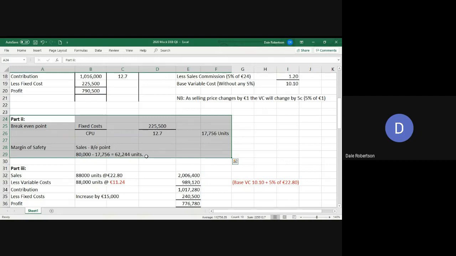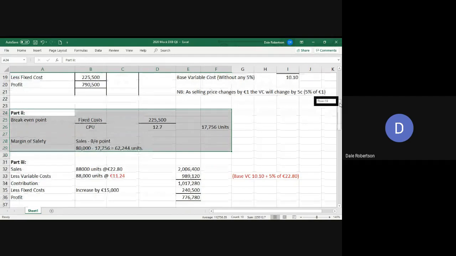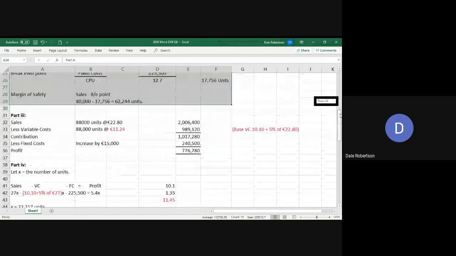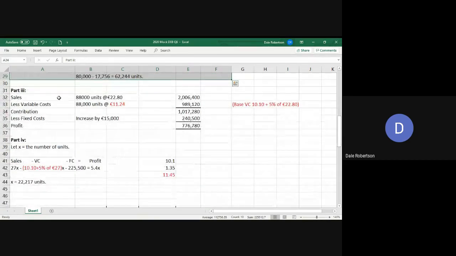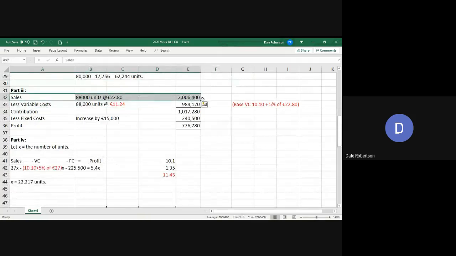Straightforward, part 2 here. Part 3 of the question says, calculate the company's profit in 2020 if it made a number of changes in its makeup. So let's look at this. It says that the sales are going to be as follows. They're going to increase the number of units by 10%, so that brings it from 80 up to 88.